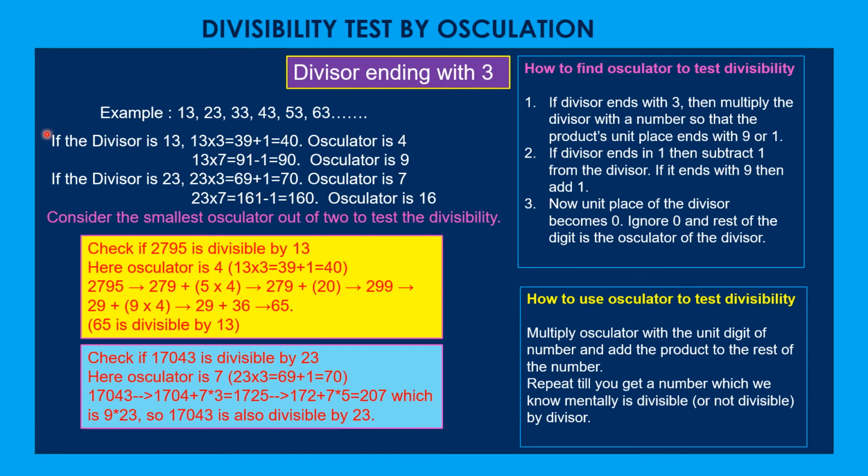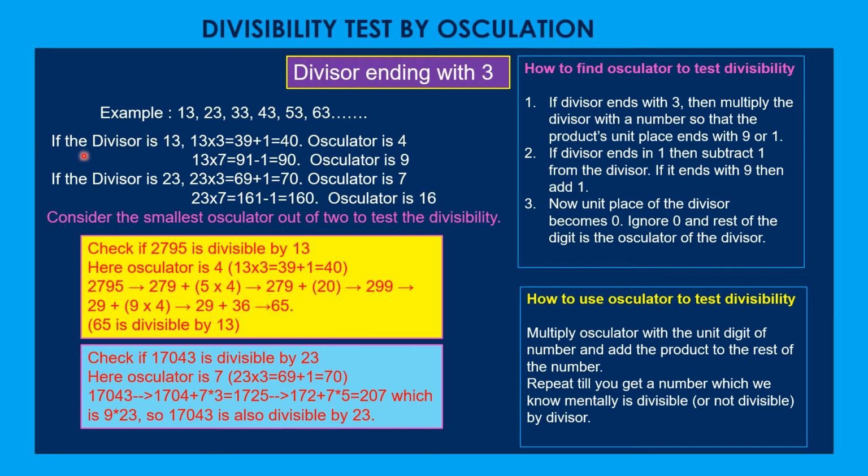Here we will see if the divisor ends with 3, how do you find the oscillator for that divisor? For example, 13, 23, 33, 43, 53, 63 and so on. So if the divisor ends with 3, then multiply the divisor with a number so that the product's unit place ends with 9 or 1.